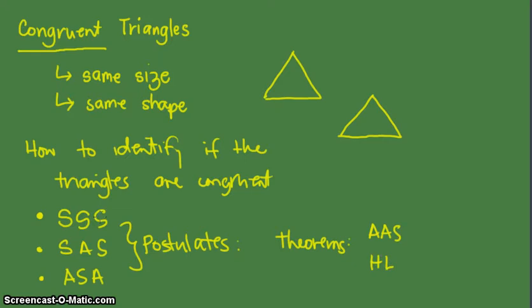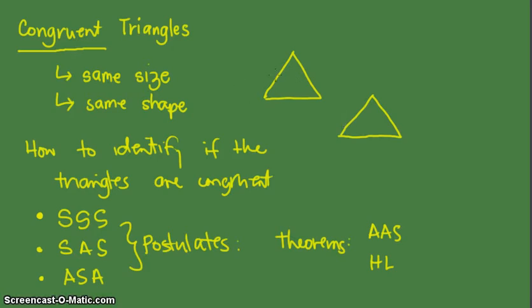Okay, so what does it mean when we say SSS? SSS stands for side, side, side. It means if all the sides of a given triangle are the same as the corresponding sides of a second triangle, then the two triangles are congruent.